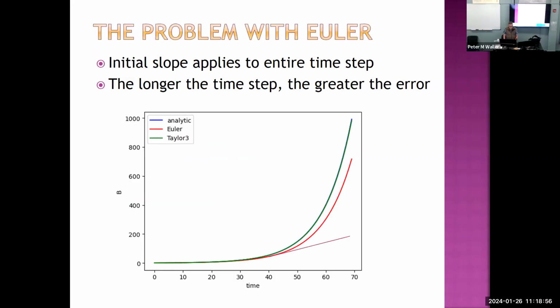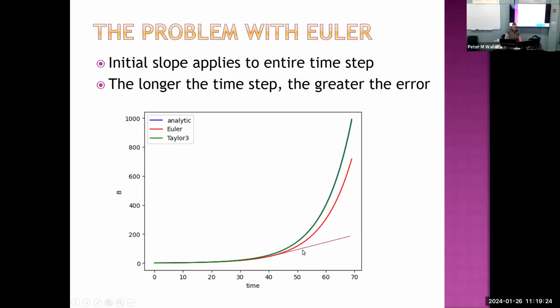So here's the problem with Euler. I already explained it, but let's say you have 10-minute time steps. You're using this initial slope here at the value of C. Mu times C is the change, mu times C times delta T. You're using this initial value of C, and then you're using that same slope to get to the next time step.